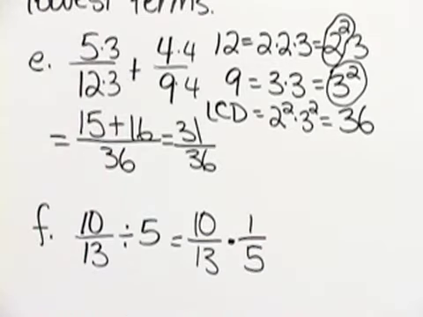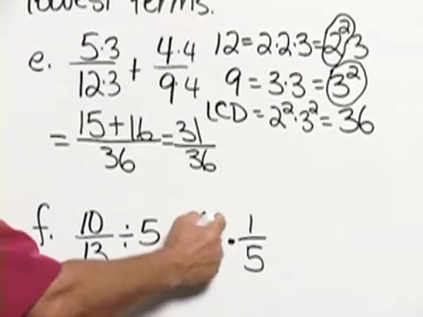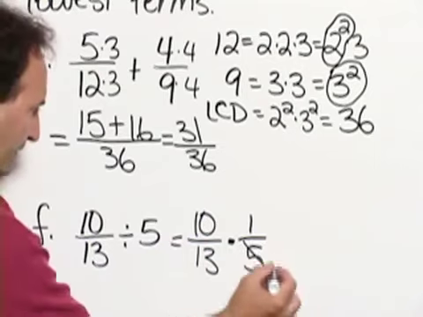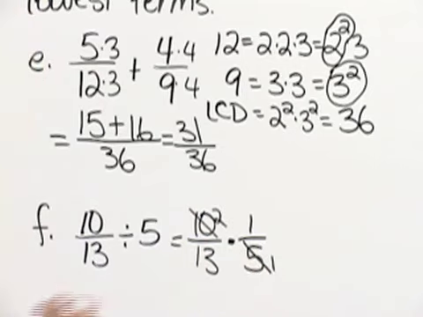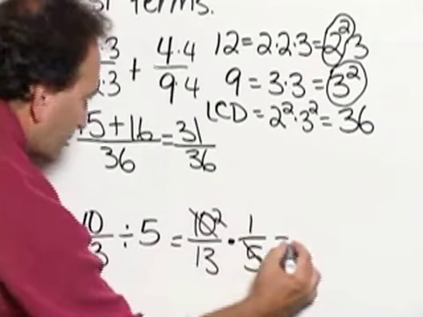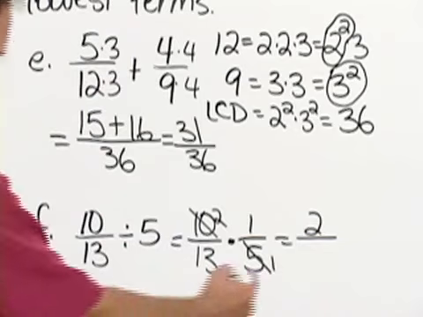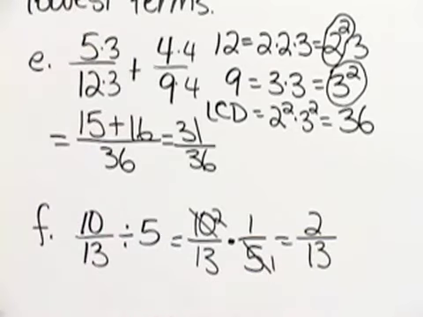And now we look to see if anything can be reduced in the numerator with something in the denominator. 5 divides into itself once and into 10 2 times. In the numerator then we have 2 times 1, which is 2, and in the denominator 13 times 1, which of course is 13, so our answer is 2/13.